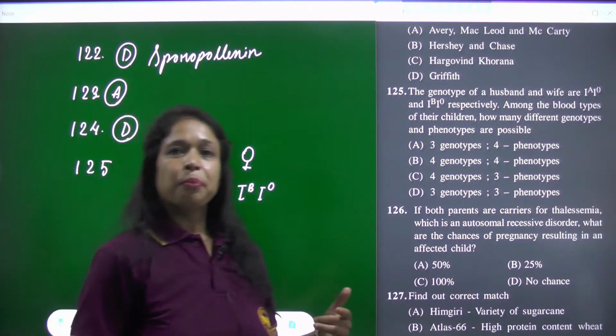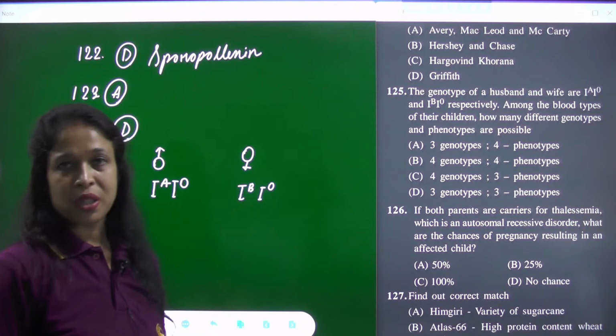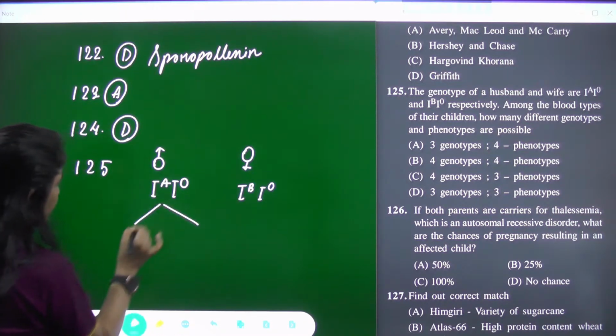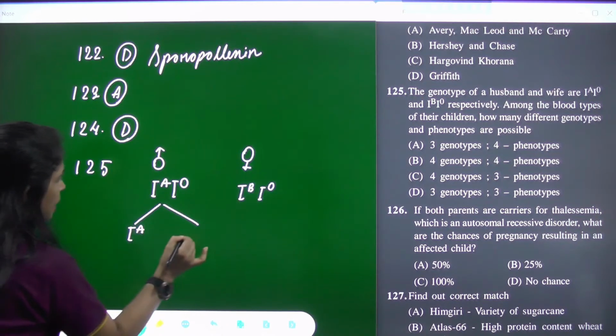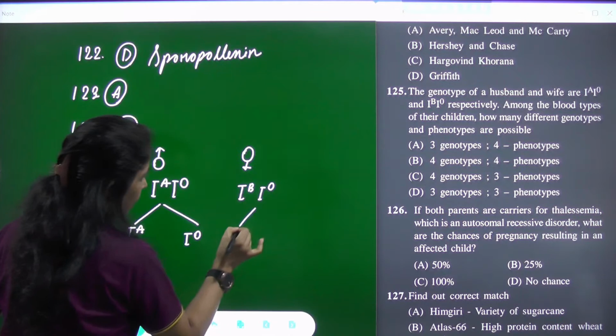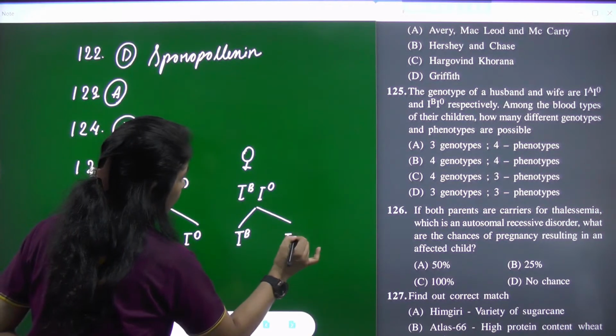So what you are supposed to find out, how many different type of genotype and phenotype are possible. So quite easy. So the alleles will be like this. One allele is IA, IO, and for the female the different type of alleles will be IB and IO.